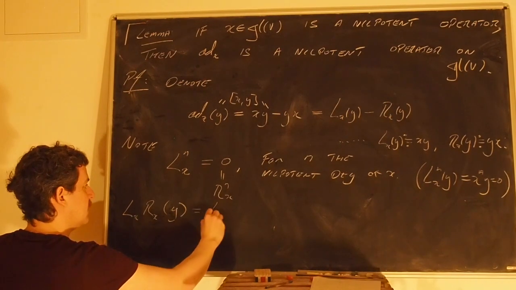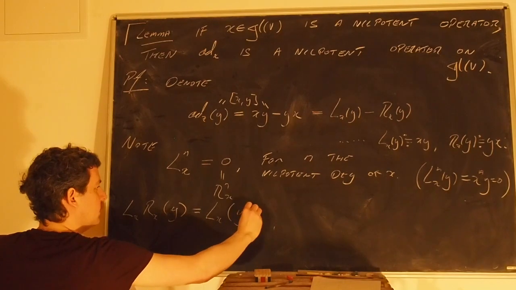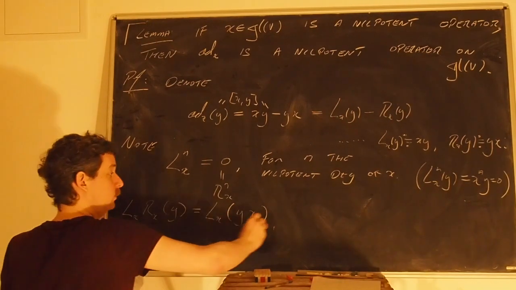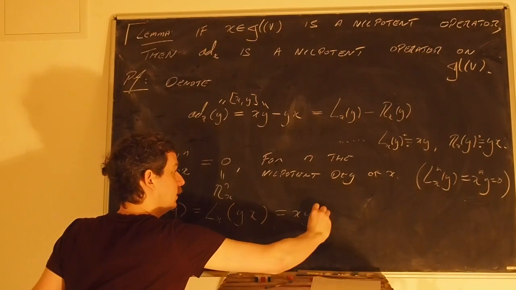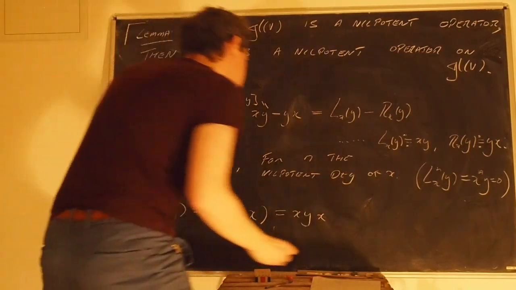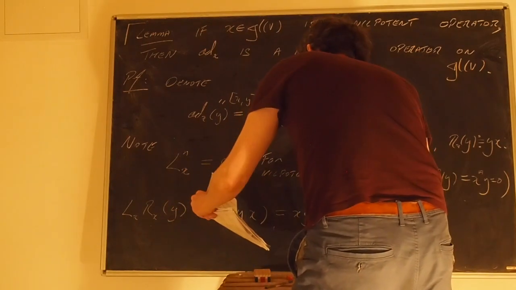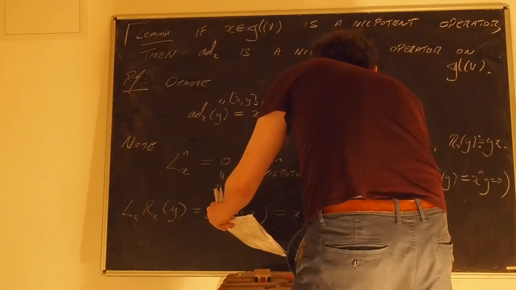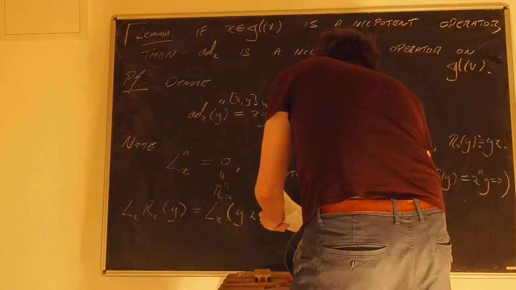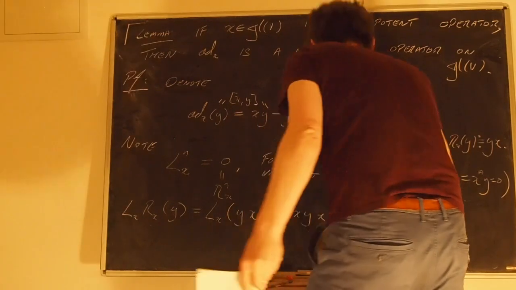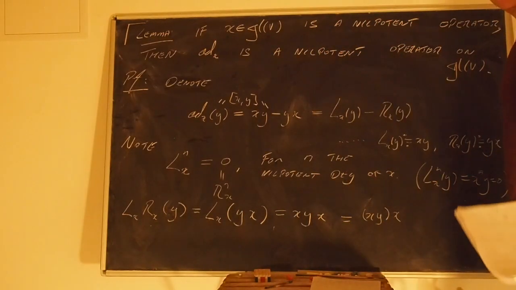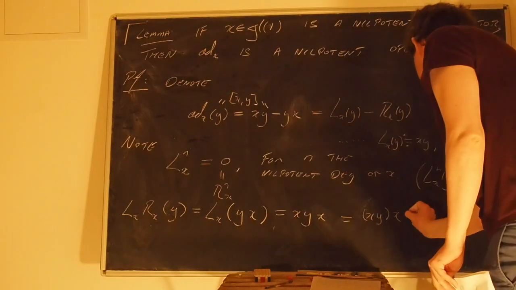Well, it's L of x applied to x y, which is equal to x y x. This is equal to x y x because composition is associative.